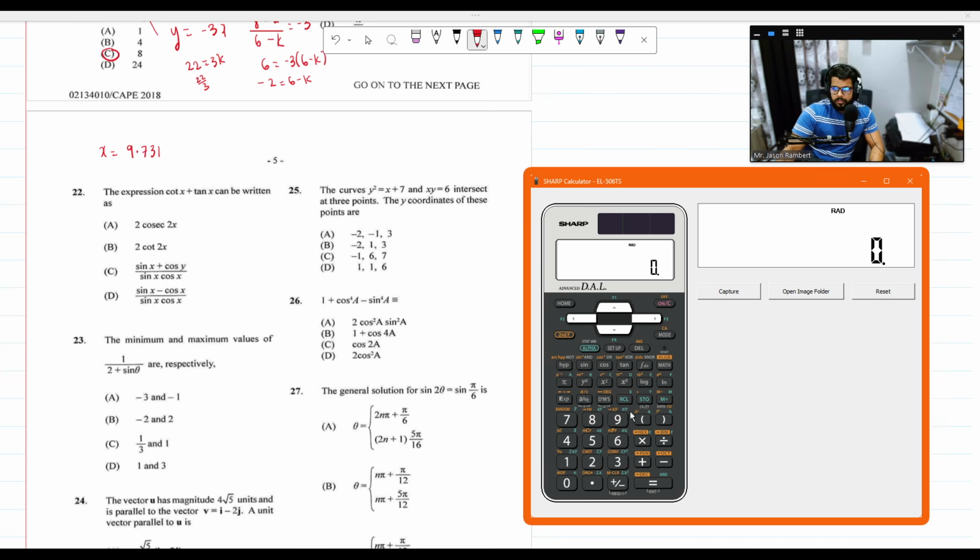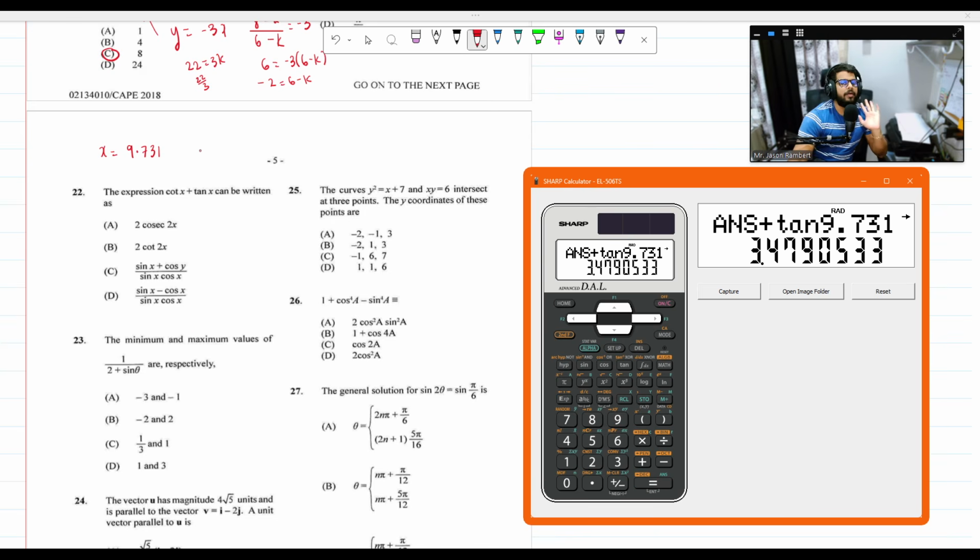So I'm going to go with 1 over tan of 9.731. I'm pressing equals to get the value of this, and then I'm adding this to tan of 9.731. Again, 3.4790533. I'm writing that down.